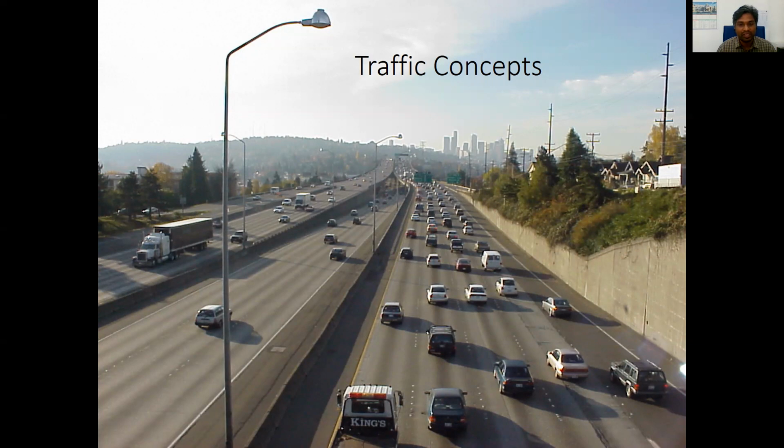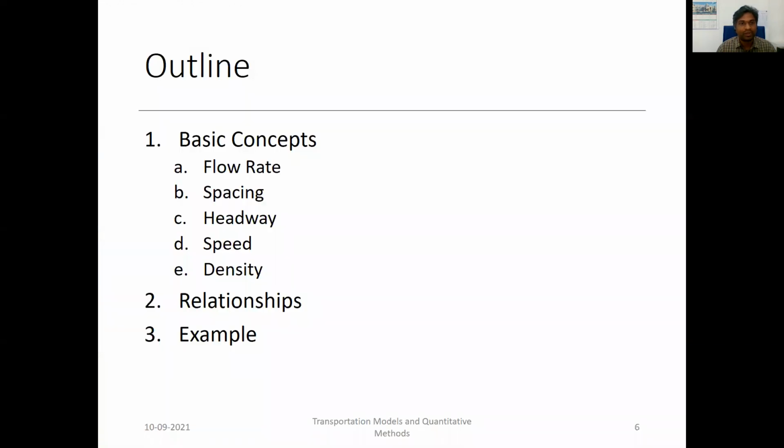These things will be covered under this particular chapter. So the outline of this initial discussion is the flow rate, spacing, headway, speed, and density, followed by the relationships between these individual variables, and followed by some examples.